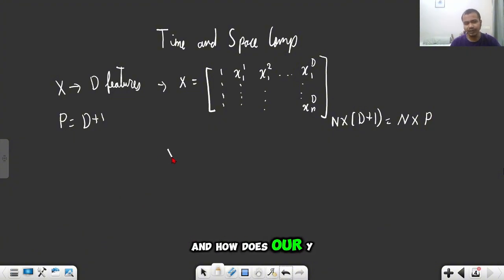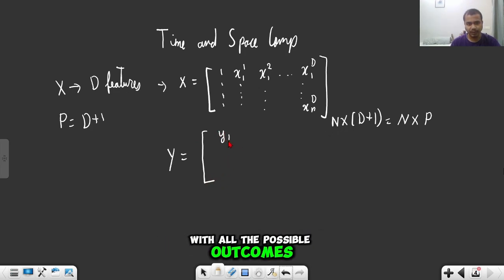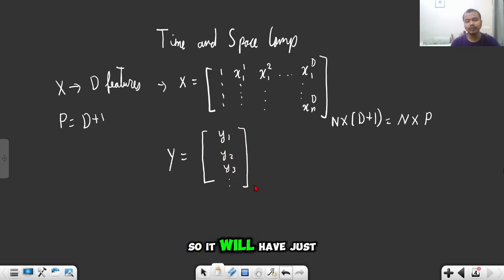And how does our y matrix look like? It will simply have one column with all the possible outcomes y1, y2, y3. It will go on till n points. So it will have just n rows and one column. This is our y, this is our x.